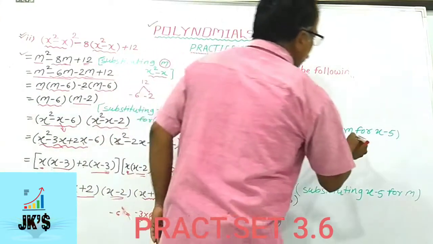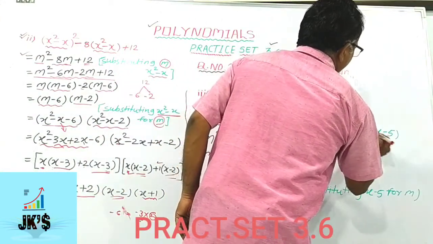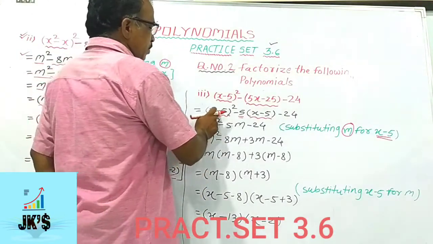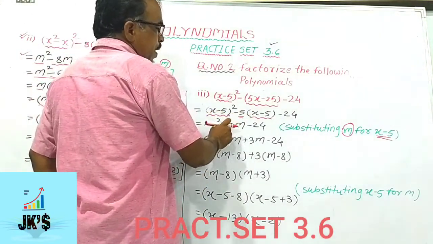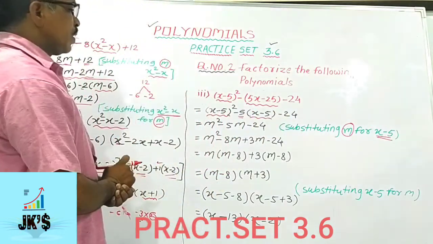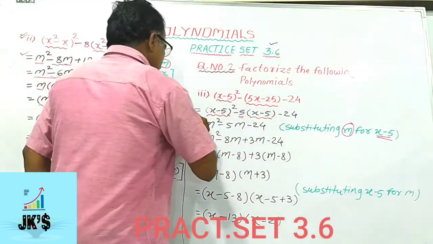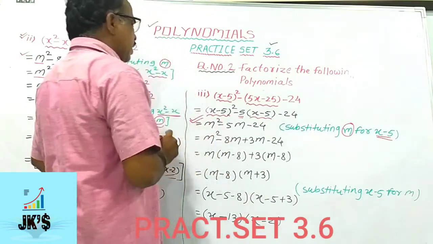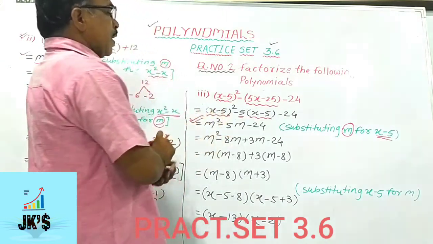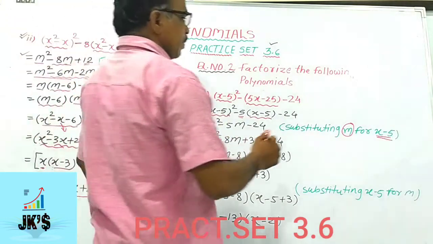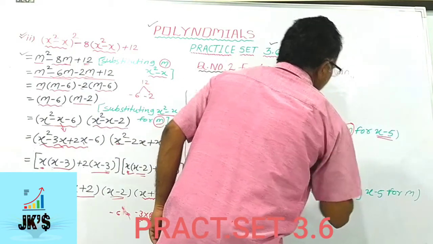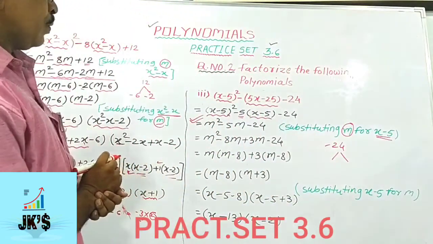Now friends, (x − 5)² and x − 5 are similar. So we substitute m for x − 5. So what happened? m² − 5m − 24. Again, this is a quadratic trinomial, m² − 5m − 24. Friends, we are going to factorize this −24.